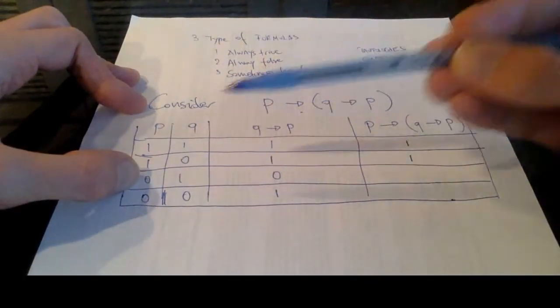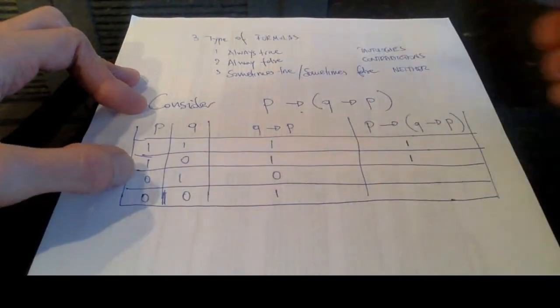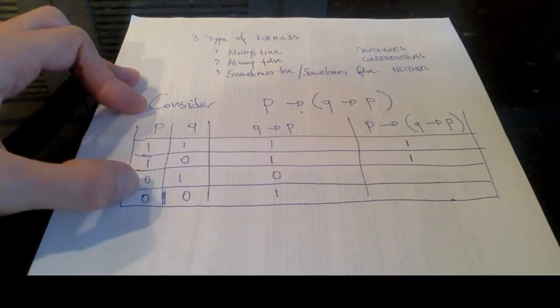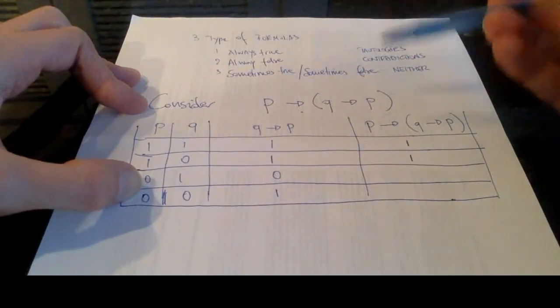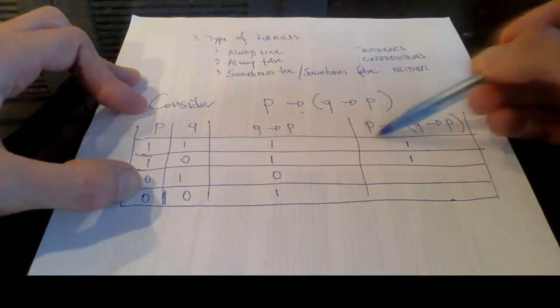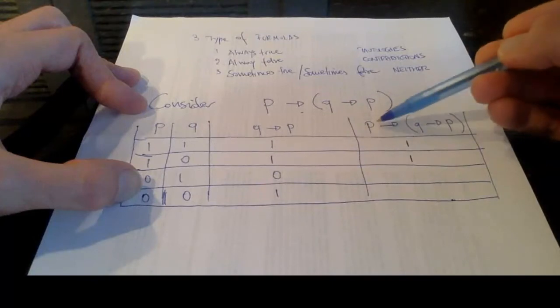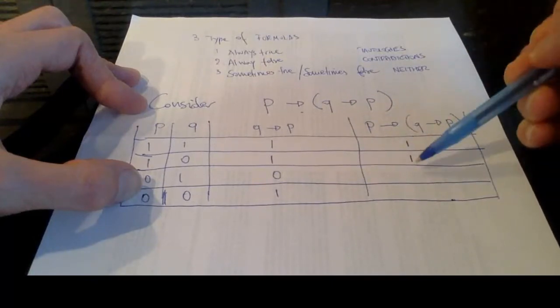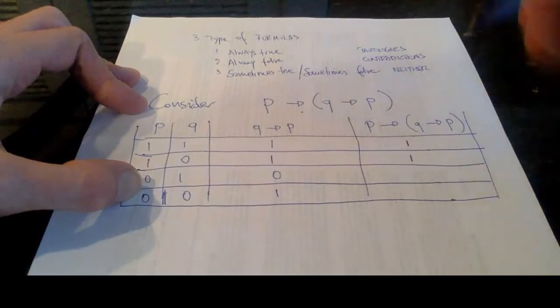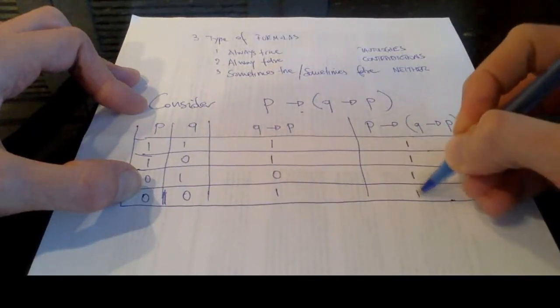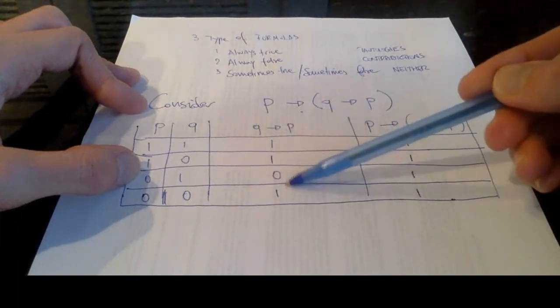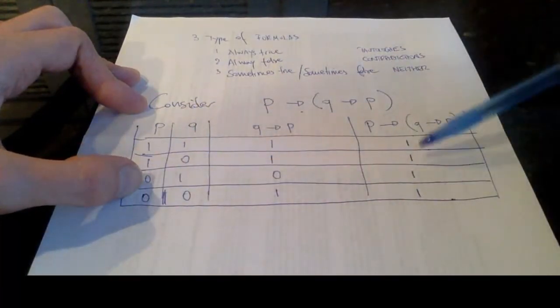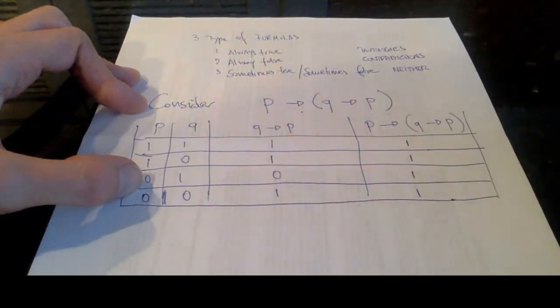Now we have, in these last 2 rows, that P gets value 0. And so whenever P gets value 0, since P is the antecedent of our implication, what's lying on the left-hand side of the arrow, then the whole implication here gets value 1, regardless of the value of Q implies P. So since P gets value 0, then our whole implication here gets value 1.